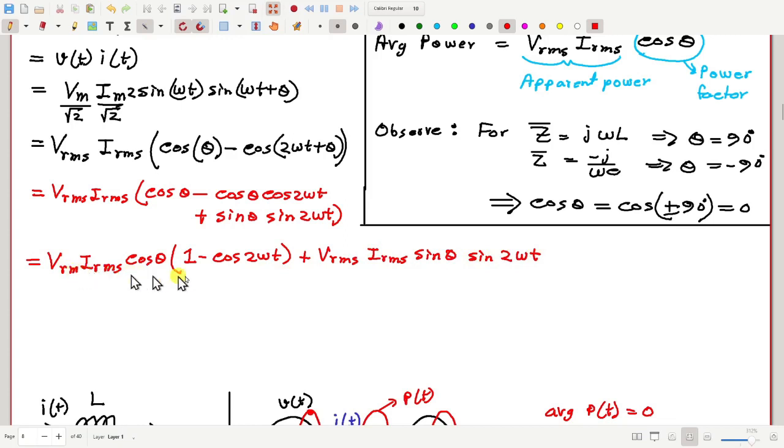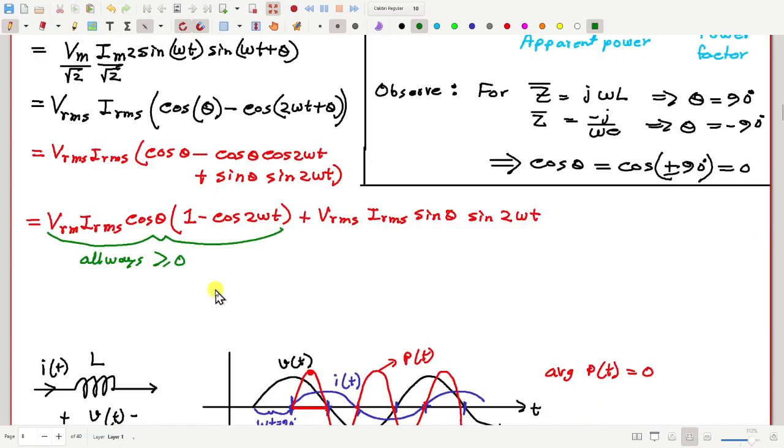So we have two terms. Now you observe that the first term is always greater than or equal to 0. 1 minus cos 2 omega t is always greater than or equal to 0. It can go from 0 to 2. And the second term is oscillating between positive and negative.